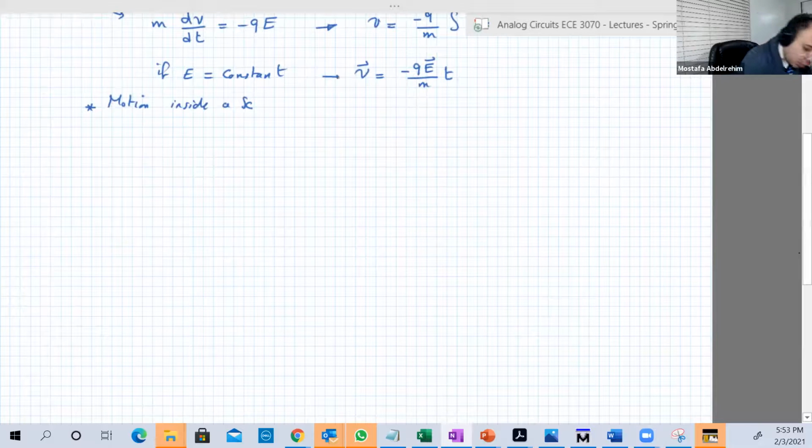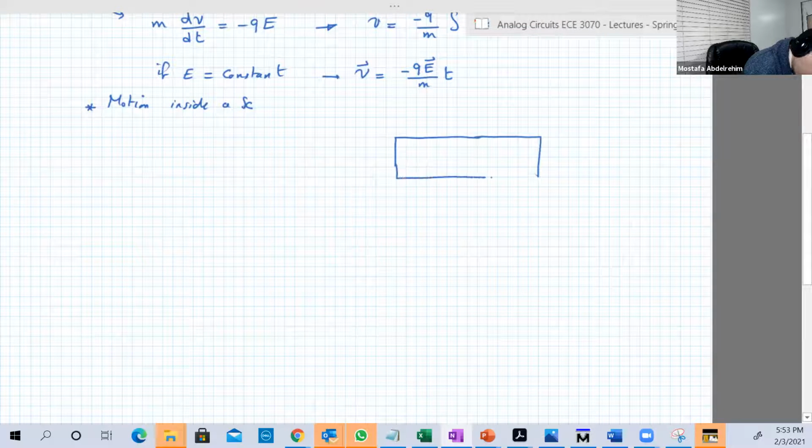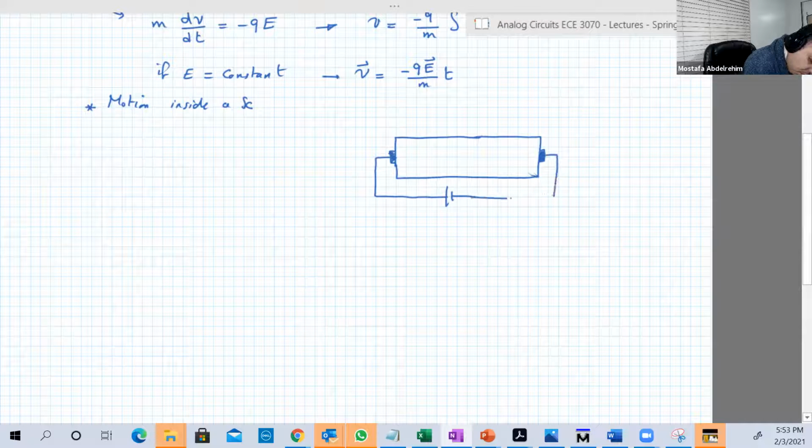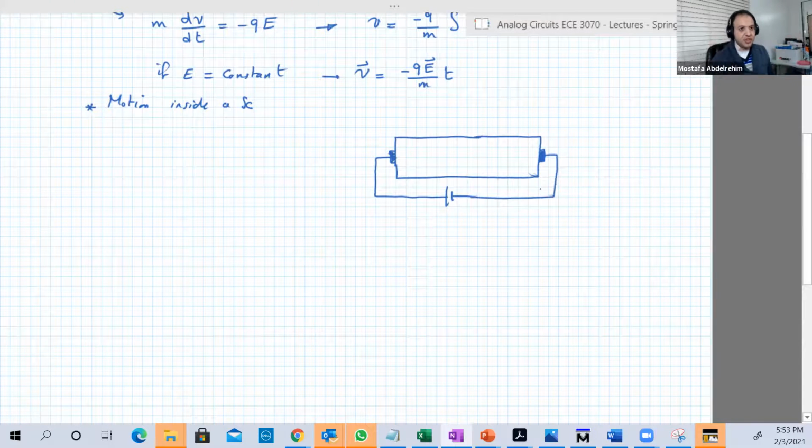So, if we assume we have a piece of semiconductor like this, and we just apply some potential, some voltage, over the terminals of this sample, then again we will have an electric field.